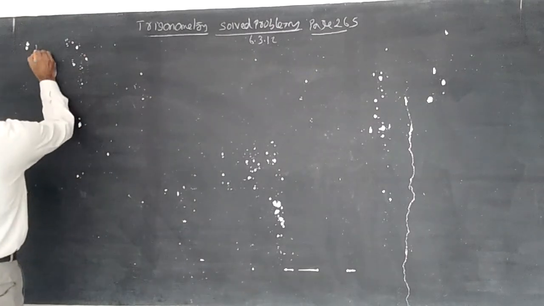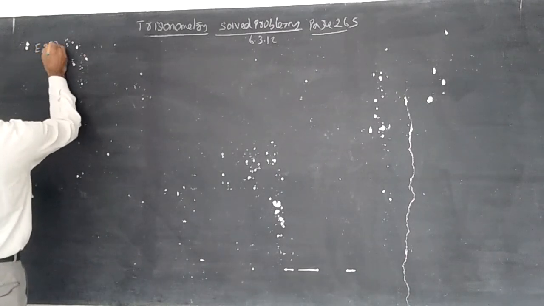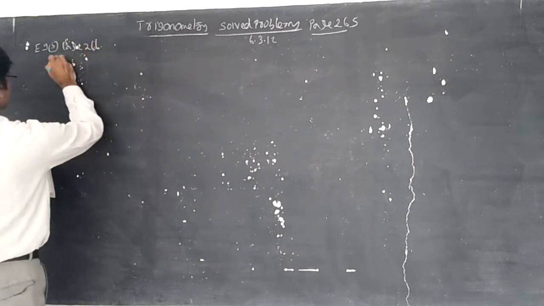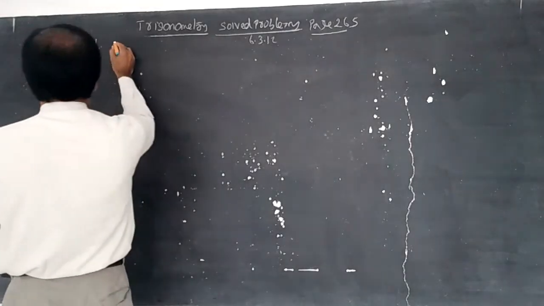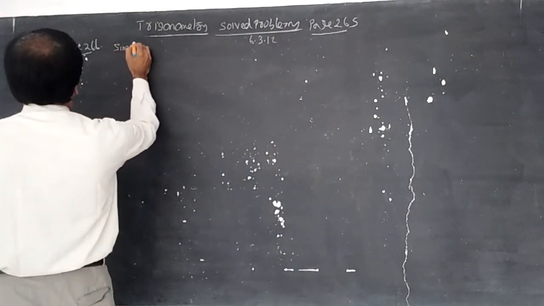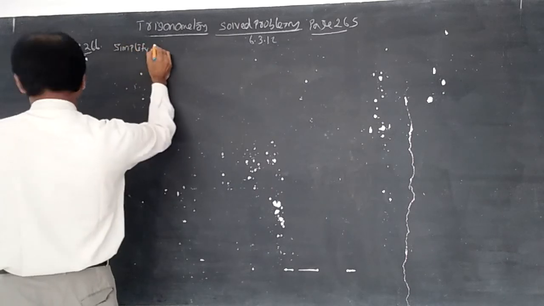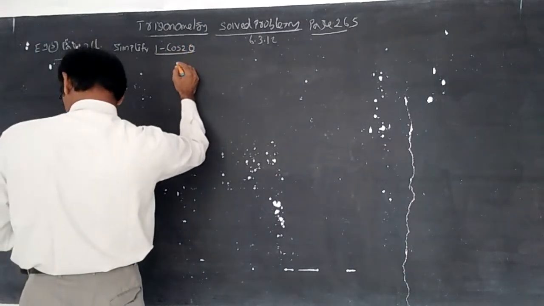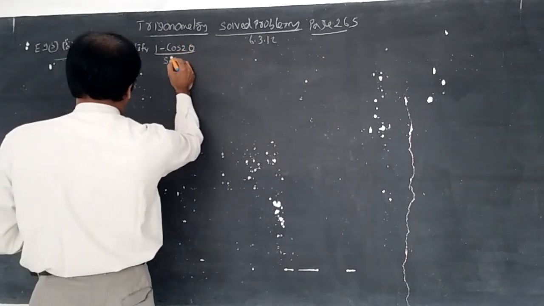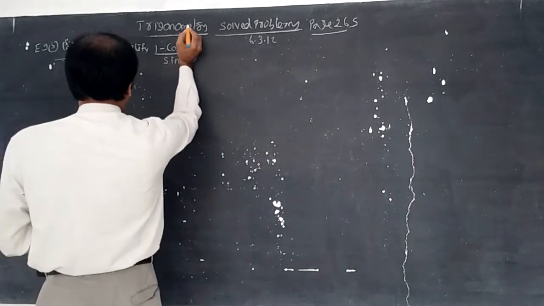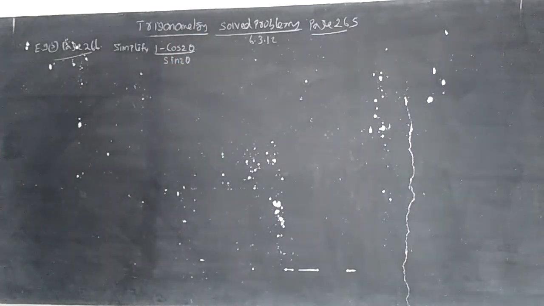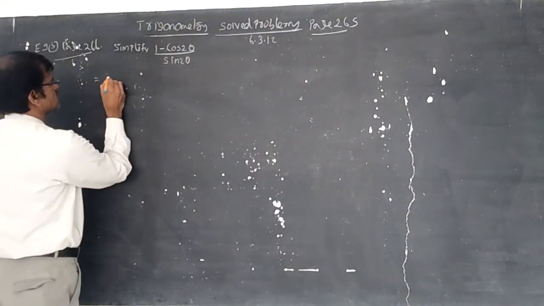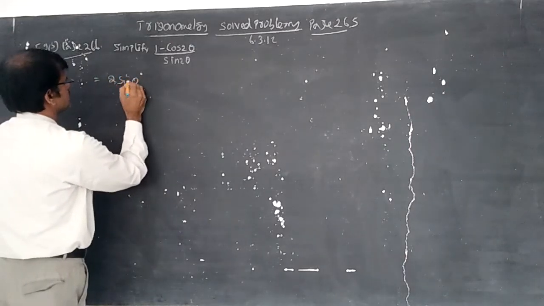Now, example 3, page number 266. Simplify 1 minus cos 2 theta by sin 2 theta.